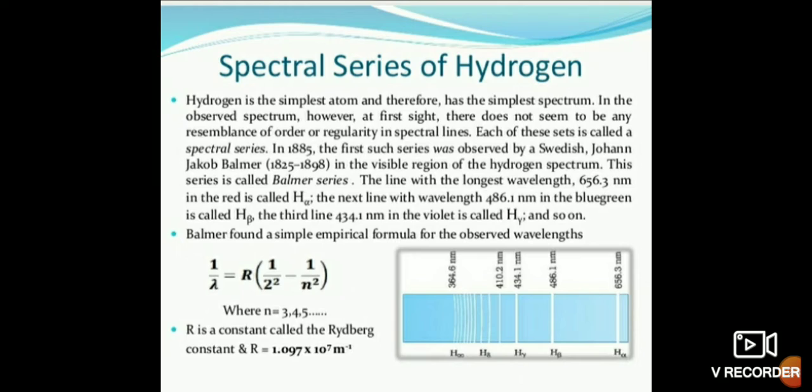Balmer found a simple empirical formula for the observed wavelengths: 1/λ = R(1/2² − 1/n²), where n = 3, 4, 5 and so on. R is a constant called the Rydberg constant, R = 1.097 × 10⁷ m⁻¹.